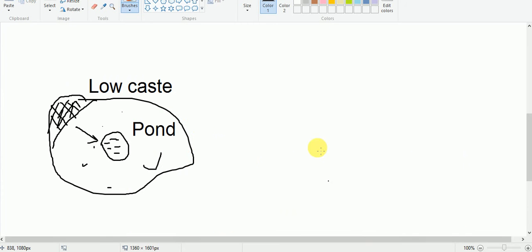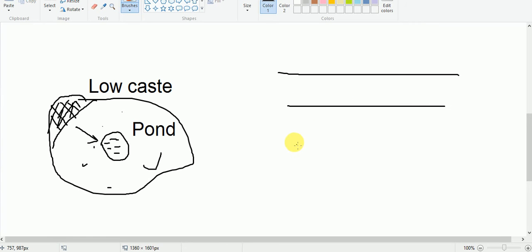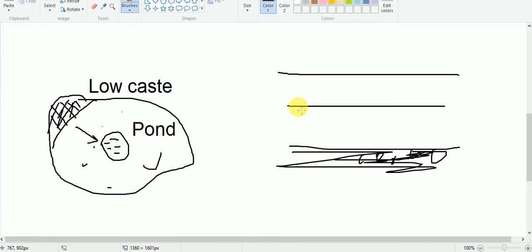Actually see here, this is the surface, and these are the different layers, and below it we have a layer containing clay, and here we have a layer containing sand and pebbles, and in this layer water is found.